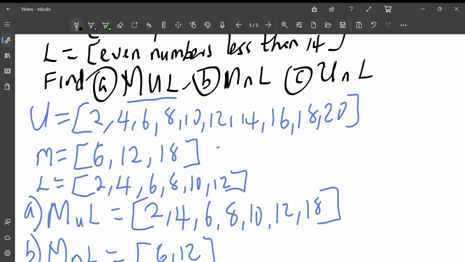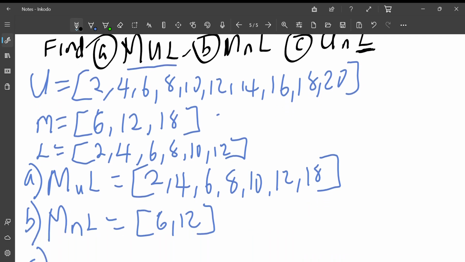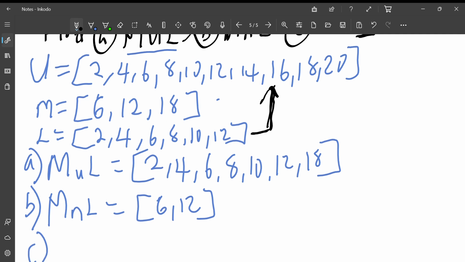So what are the ones it has in common? If you notice, U intersection L will basically be the same thing as L. Why? We are looking for what is common to both of them. So anything that L has, U will have it, because U is a universal set. It is like the parent set. So everything that is in L will definitely be here.